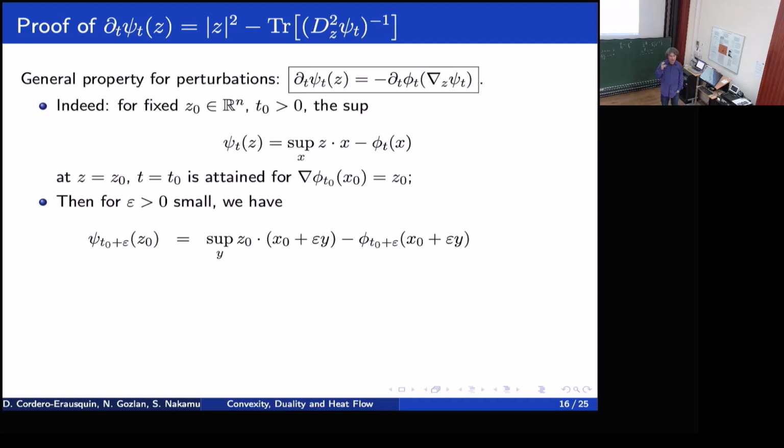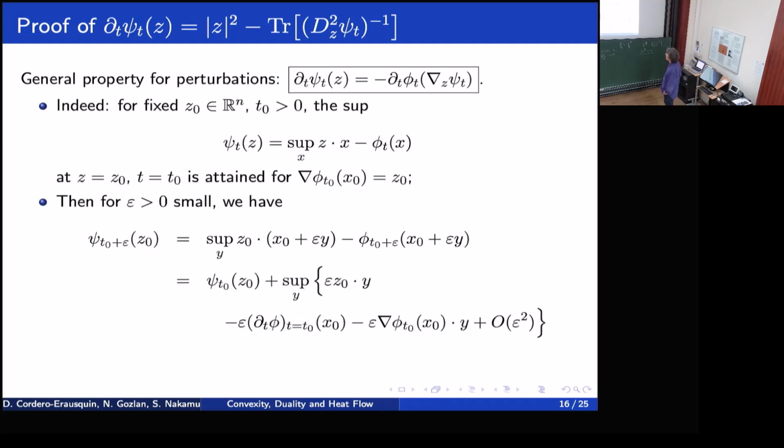But of course, the idea here is that if epsilon is small, the point x where the supremum is attained will be close to x0. So by writing this, you expect that indeed the y will remain at least bounded, so that this is indeed small. So you don't have to compute the supremum over all y's, but over y's that remain bounded. This is what you hope. That's why you write it like that.